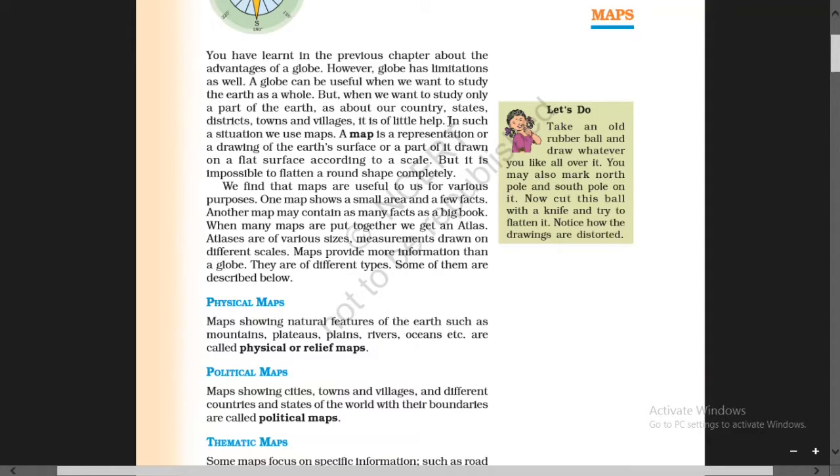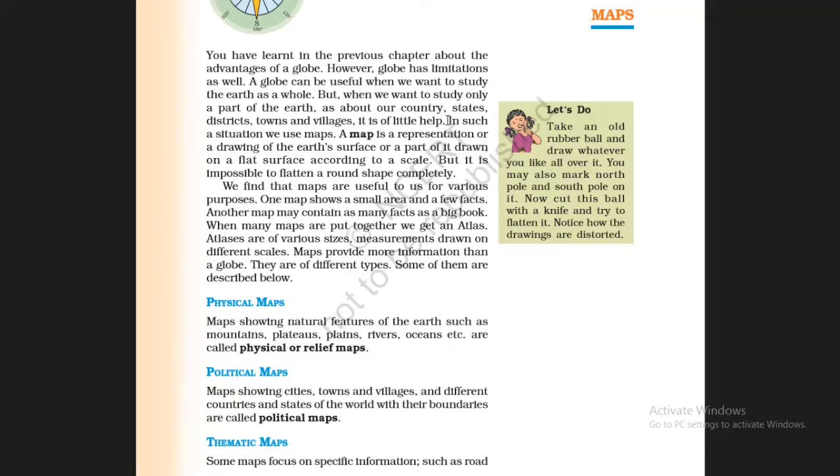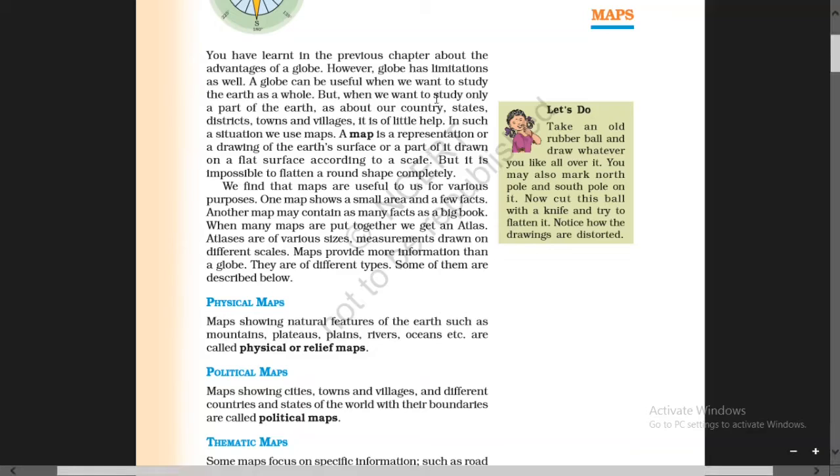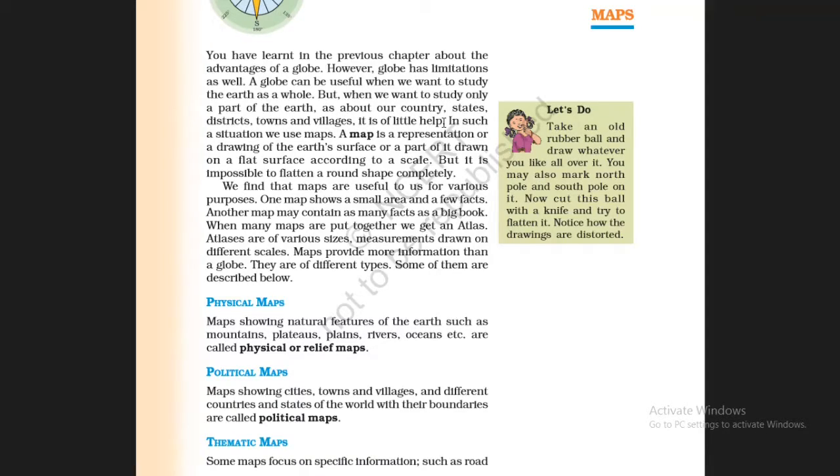See, boys, when we want to study only a part of the earth, not the whole earth, there we cannot know everything from a globe.